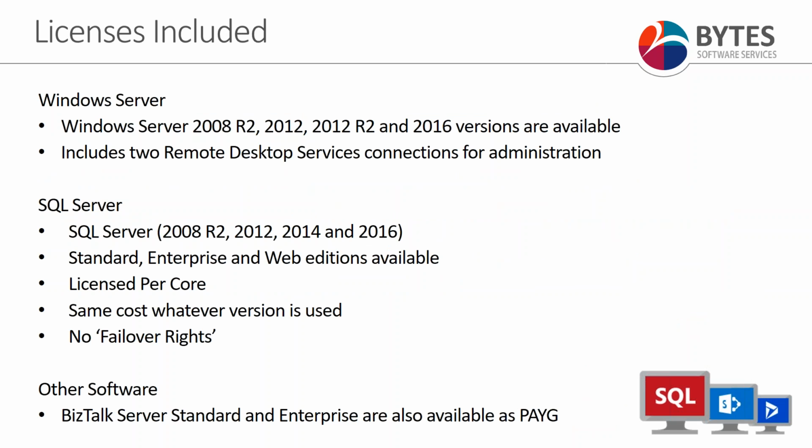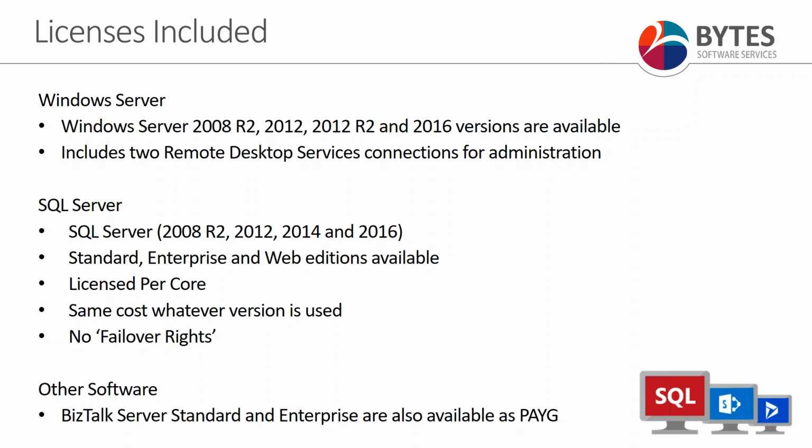Within the gallery, there are several options for provisioning VMs running older versions of Windows operating systems. So for example, with Windows Server, you can install a Windows Server VM from 2008 R2 all the way up to 2016.